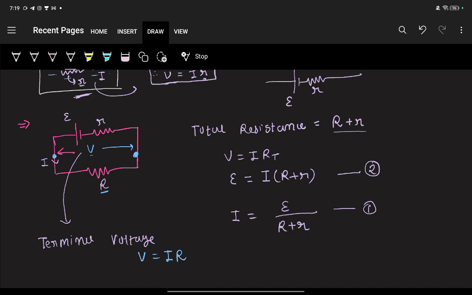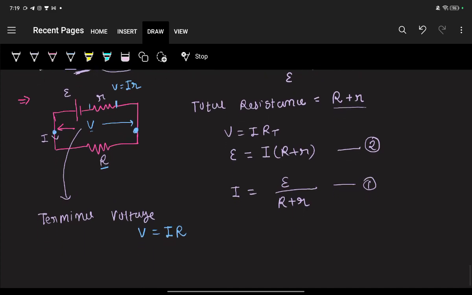And the potential drop across this, I multiplied by small r, is our small potential. Yes or no? So the total EMF can be written as the summation of this potential and this potential, capital V plus small v. Capital V is capital IR and small v is I multiplied by small r. So it would be I multiplied by R plus small r.